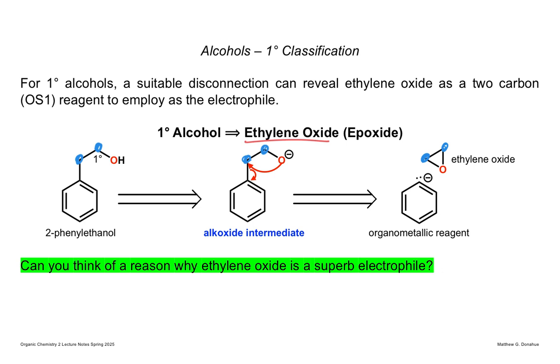So the same logic is at play here. Oxygen's delta minus, either carbon atom is delta plus. And the reason this is a nice reagent is because of the ring strain. By opening the ring, you reduce that strain, and so it's a good electrophile. Experimentally, the only pain with using it, it's a gas and you have to condense it.